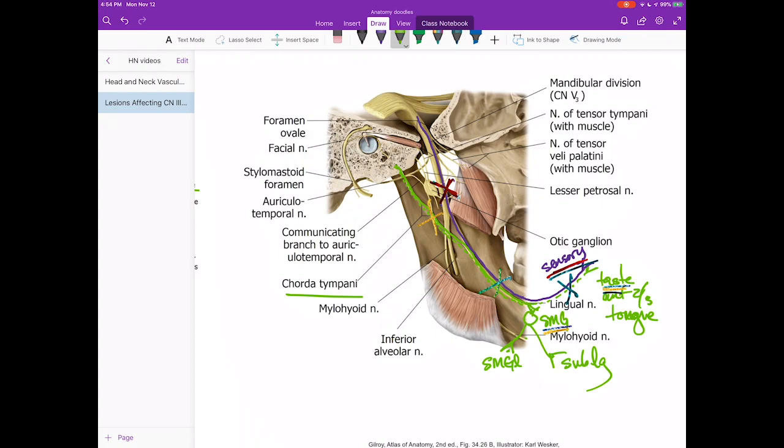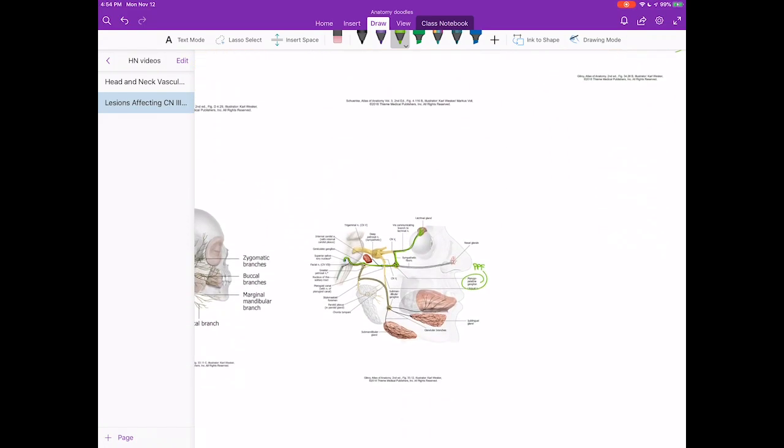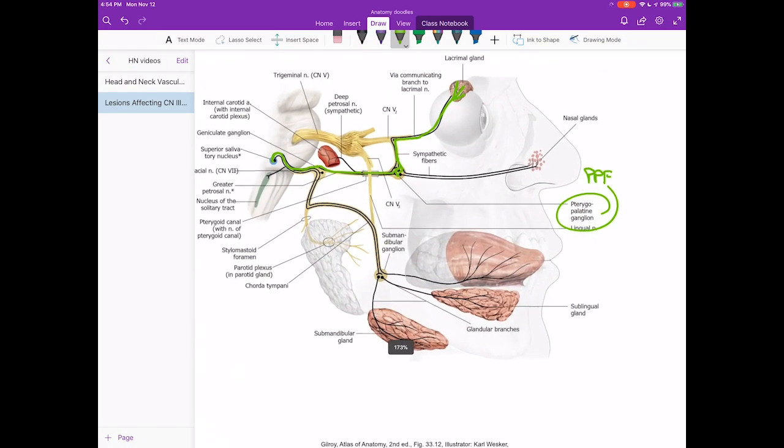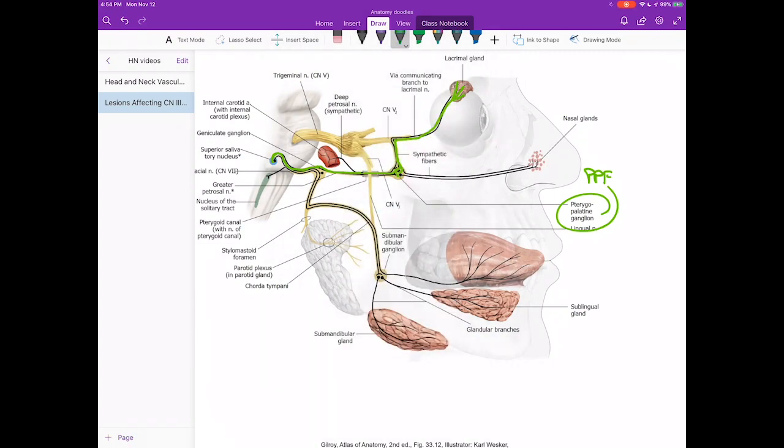Just to let you know, chorda tympani came from here, and I'm going to show you that route in a second. Okay, this is the facial nerve. So let's go down to this image. Here are my facial nerve fibers, and I'm going to draw them in a different green just so we can see them better.